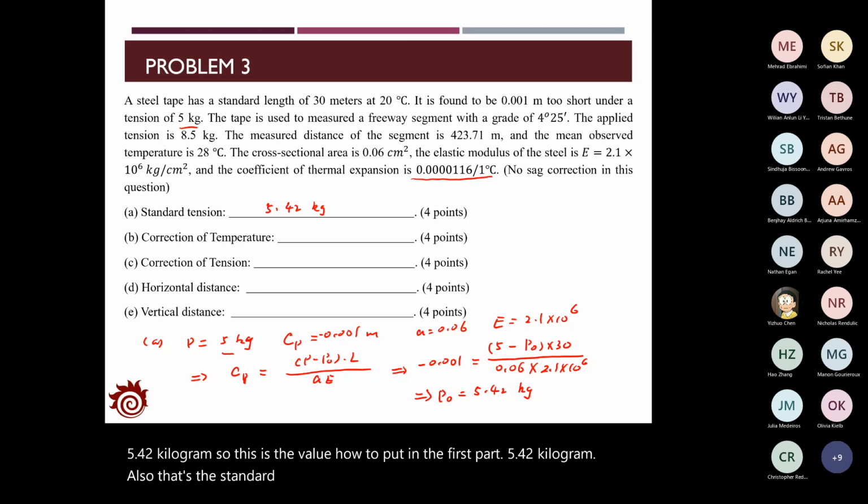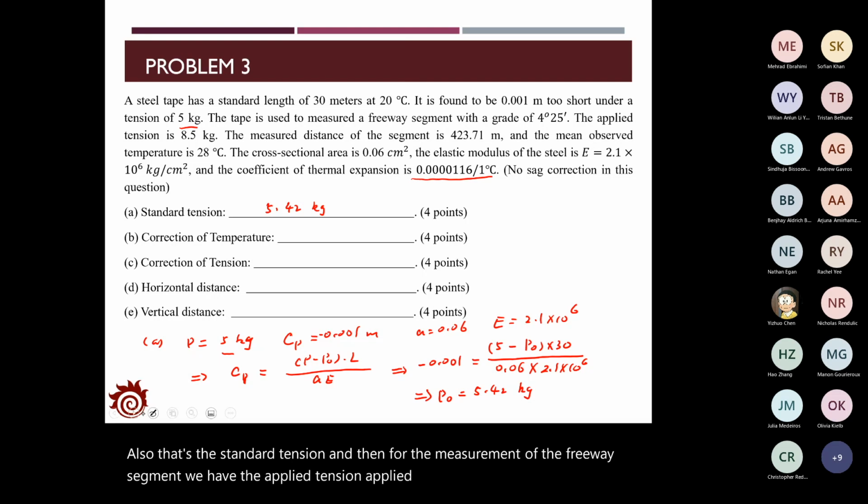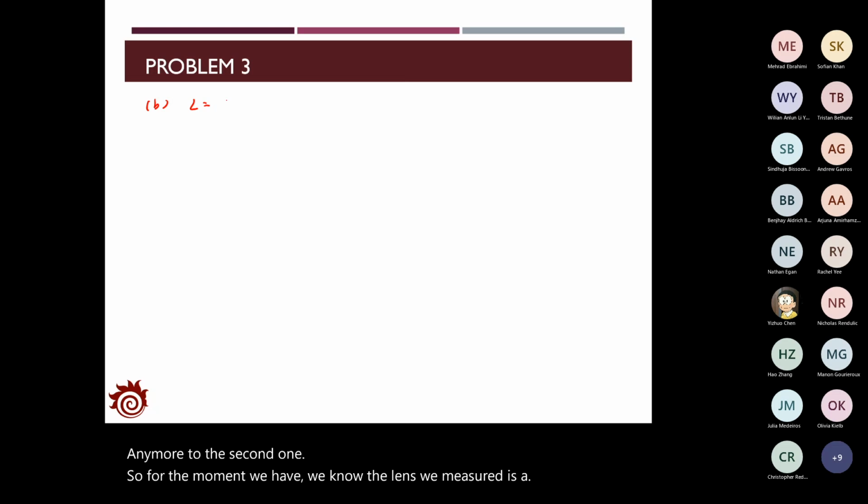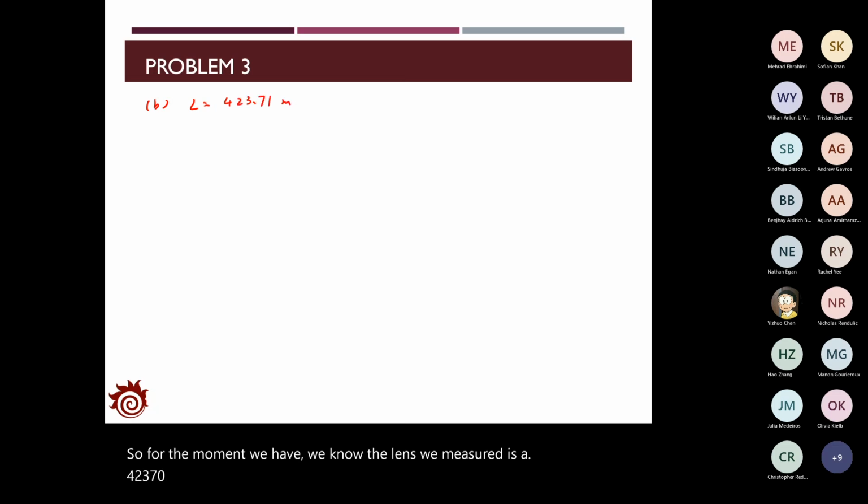And then for the measurement of the freeway segment, we have the applied tension. Let me move to the second one. For the measurement, we know the length we measured is 423.71 meters. The applied temperature is 28 degrees.